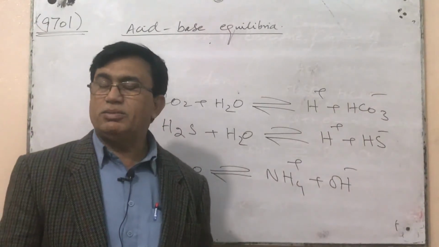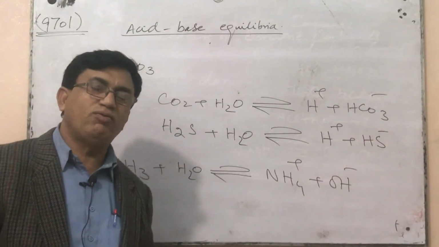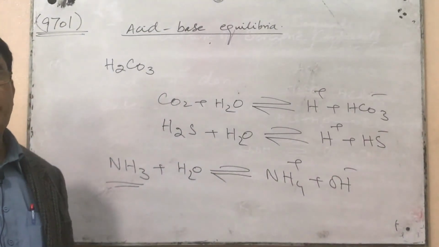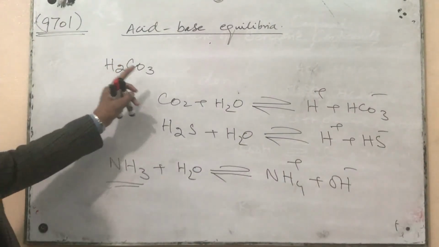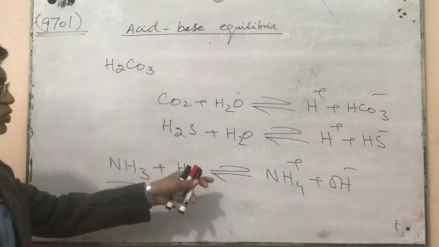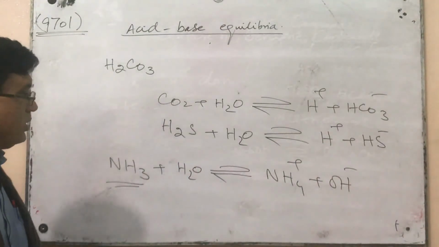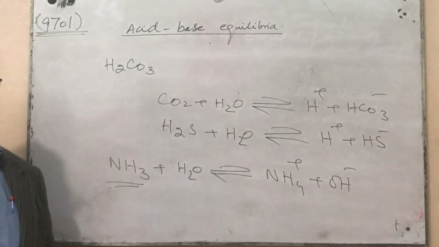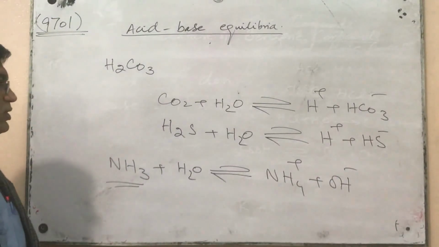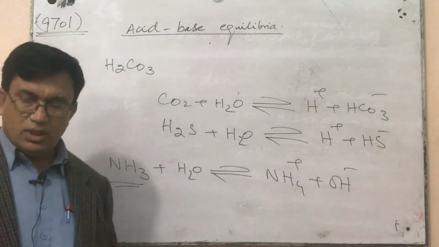So the establishment of equilibrium in case of strong acid and base will become impossible. So this behavior, this equilibrium plays also a very important role in industry, in so many other processes where we use this equilibrium for the beneficial process and also for the final product formation.